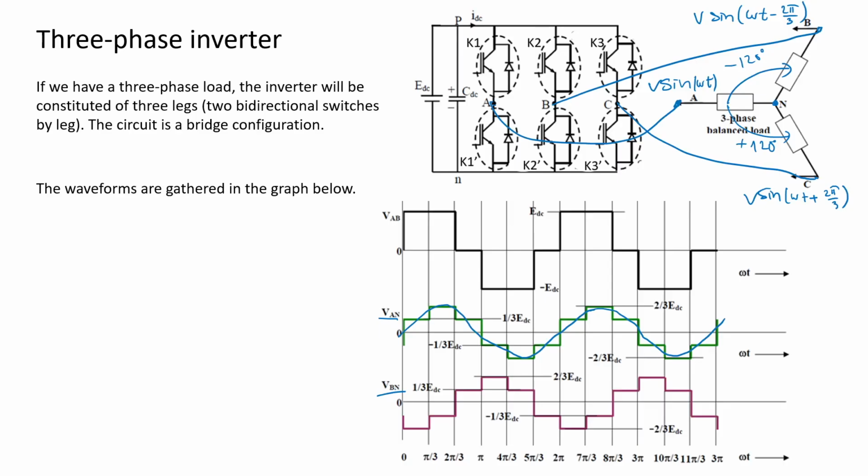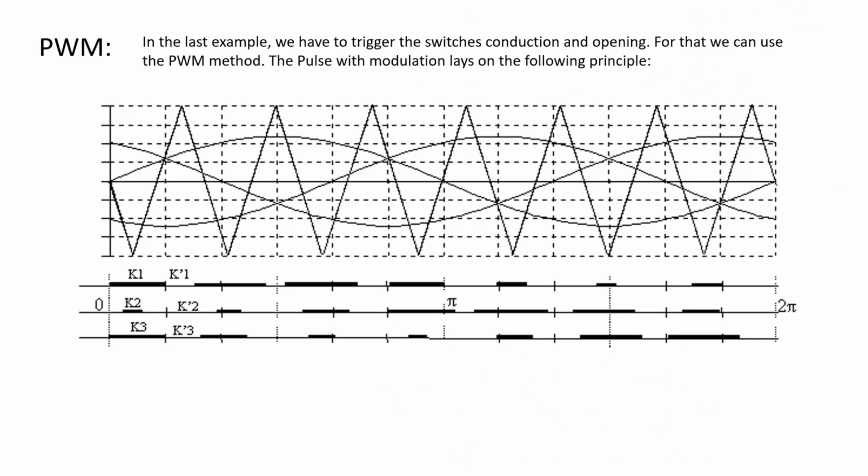Okay, the next part is about PWM technology, pulse width modulation. So how can we define the switching on and off of K1, 2, 3 up to 6?